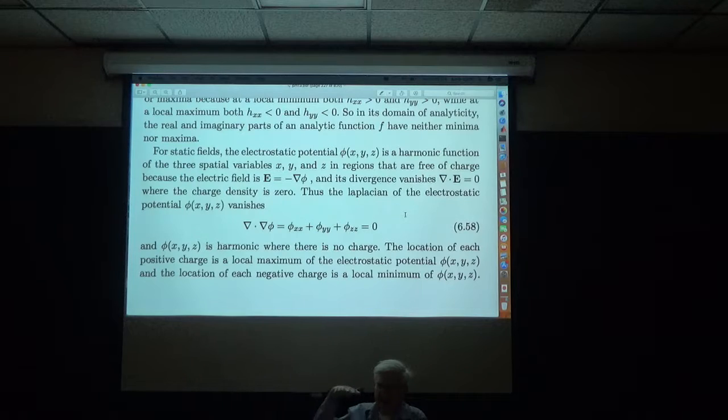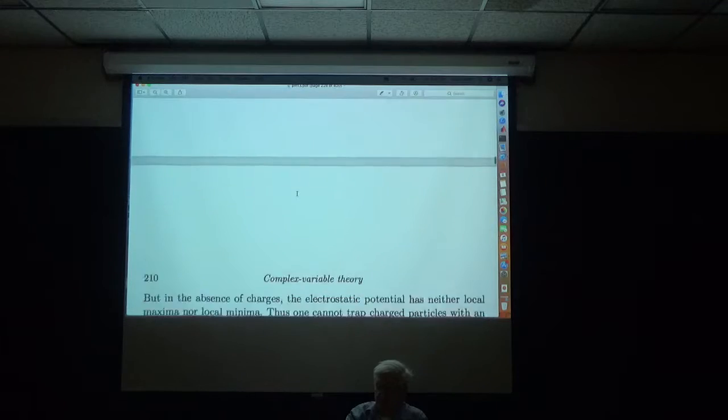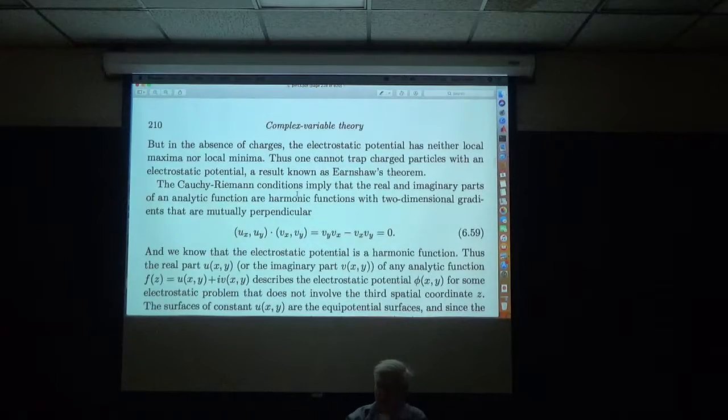so if you have an electrostatic problem in which one variable is immaterial, say it doesn't depend upon z, everything just depends upon x and y, then you can identify the electrostatic potential with the real or the imaginary part of some analytic function, and that helps one solve certain problems.